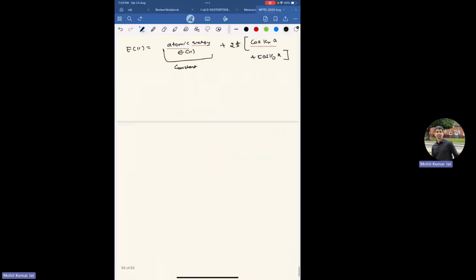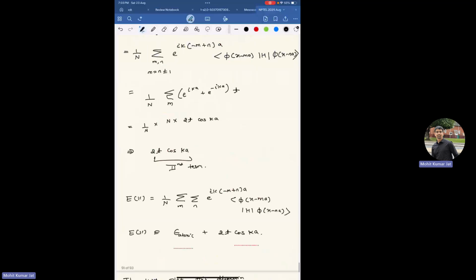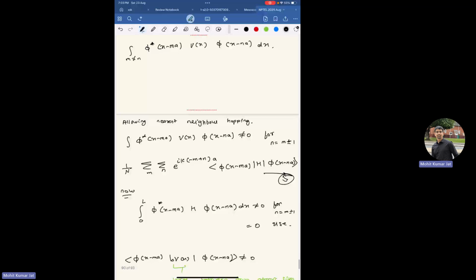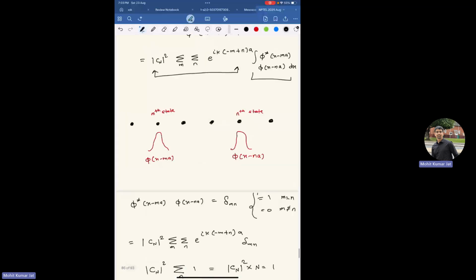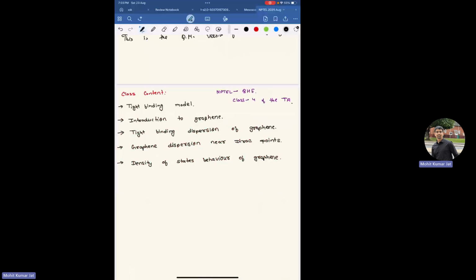Now, having said that, we will move on to the next part, which I said I will discuss with you, which is the introduction to graphene. So this is what I promised you, and I'll cover that also. Graphene is a 2D material.